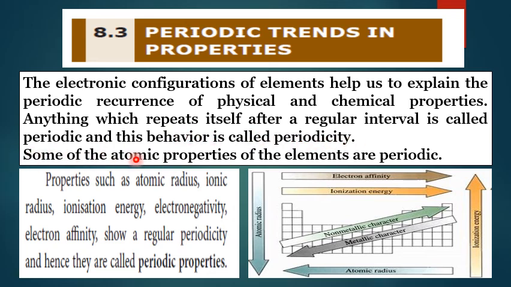Some of the atomic properties of the elements are periodic. Properties such as atomic radius, ionic radius, ionization energy, electronegativity and electron affinity show a regular periodicity, and hence they are called periodic properties.